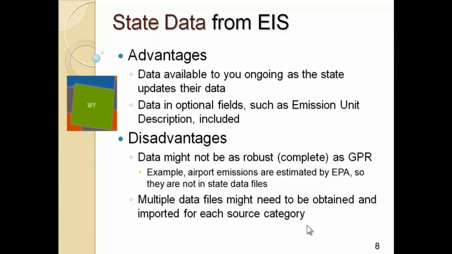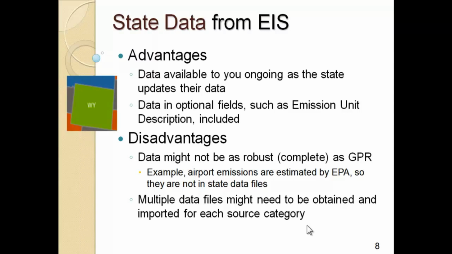So EPA estimates emissions for airports, and most agencies accept these emissions rather than calculating their own airport emissions. So if there are airports in your area, it is likely that the airport emissions are not in the state data files. And this is also true for any non-point sources that the state elected to use EPA estimates for instead of calculating their own emissions.